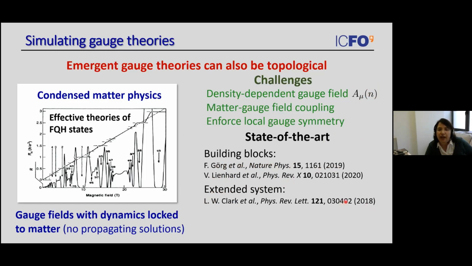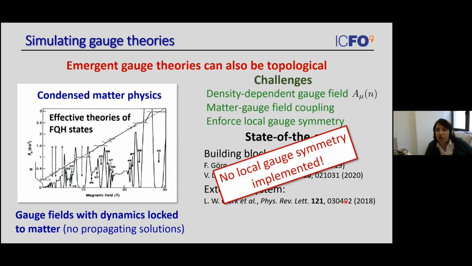But they did not implement the local gauge symmetry. So these things are really nice. They are a step forward to what we want to achieve, but they don't make the full gauge theory. And then the question is whether we can do that.